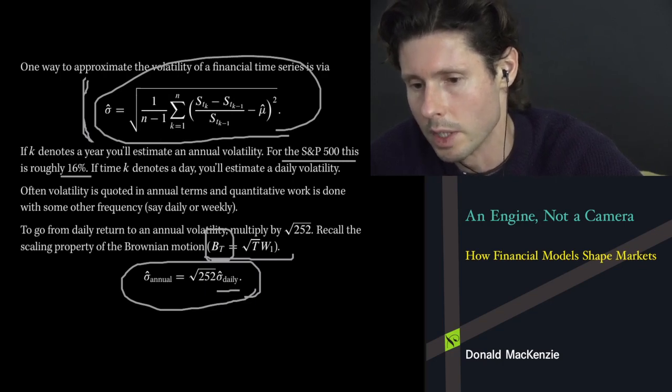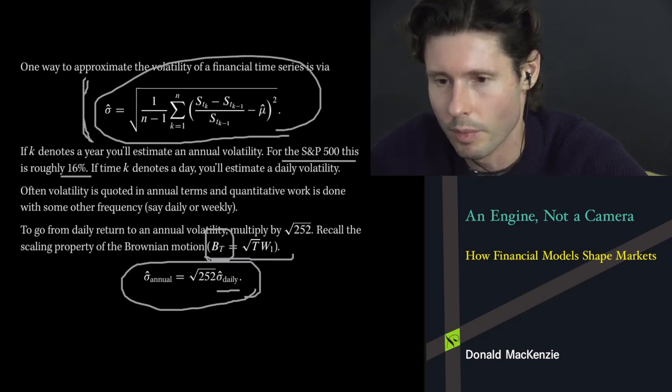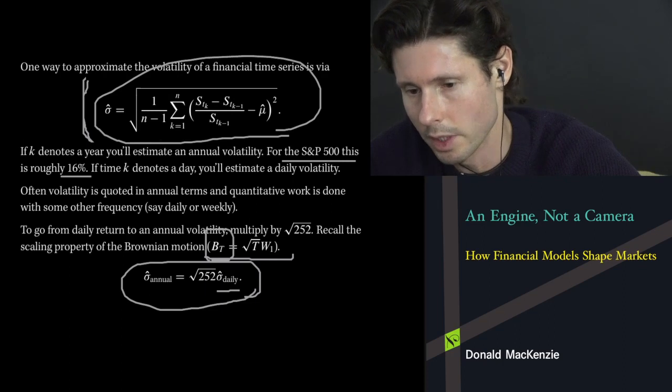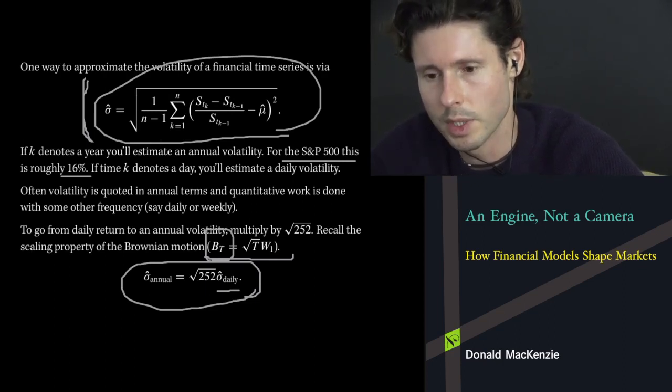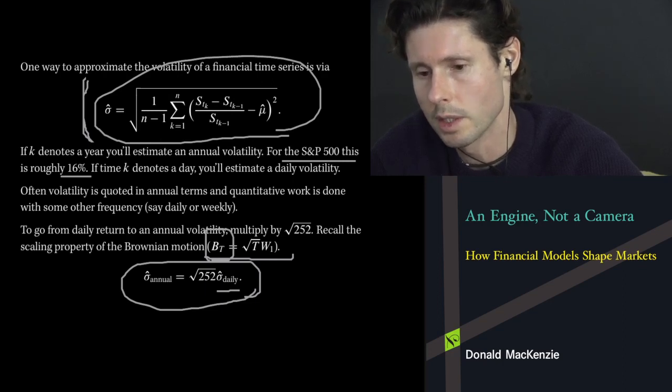But the point is that to annualize the return, you'd multiply by the length of the period, whereas if you want to annualize the volatility, you'd multiply by the square root of the number of time units in that period. So here 252 is the number of trading days in a year.